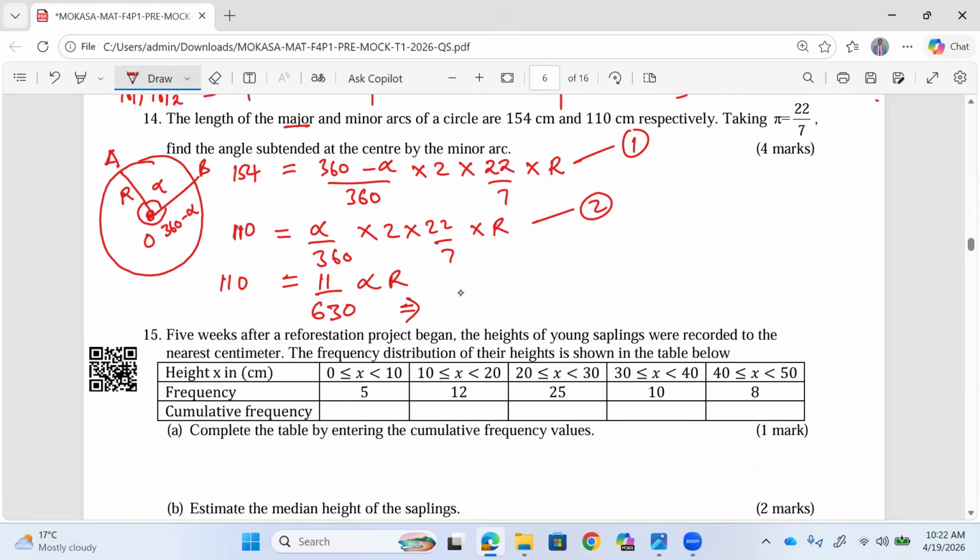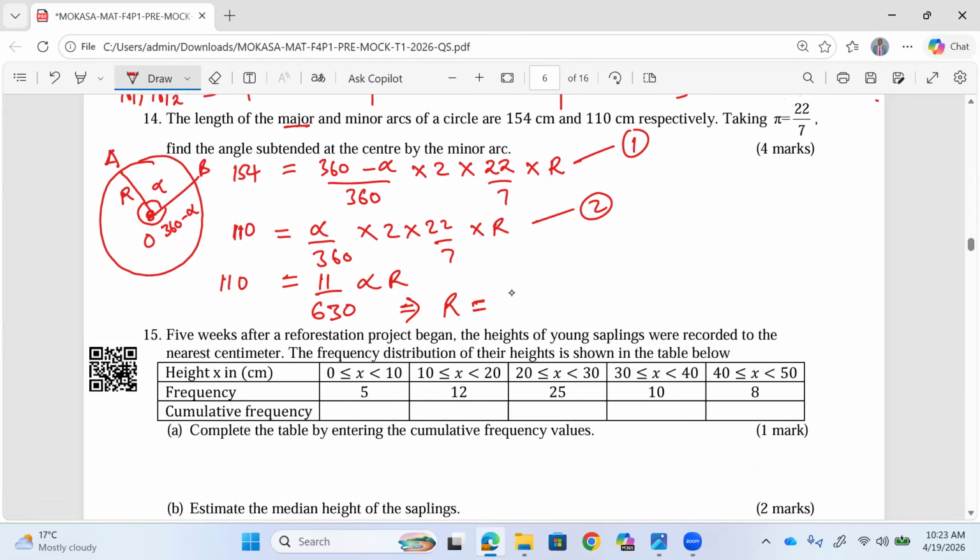Can we express the value of r? Yeah, the value of r. r equals, for us to remain with r, we multiply through by 630 over 11, taking 110 times 630 over 11.